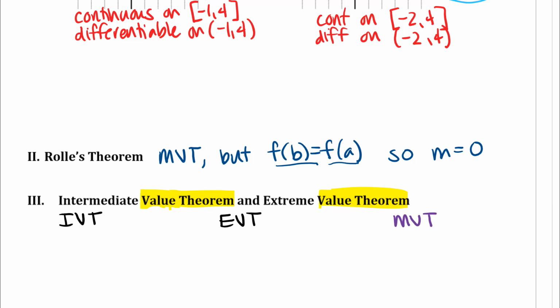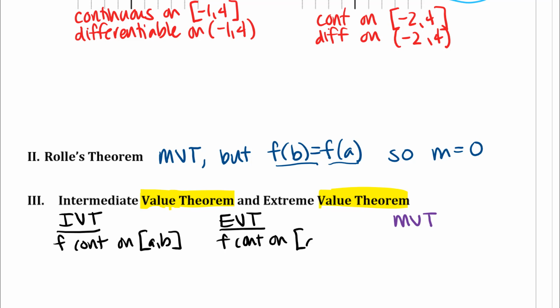All right, so these are all kinds of value theorems. All of these theorems have hypotheses. The intermediate value theorem and extreme value theorem just require that the function f is continuous on some closed and bounded interval. Mean value theorem, of course, requires that as well.